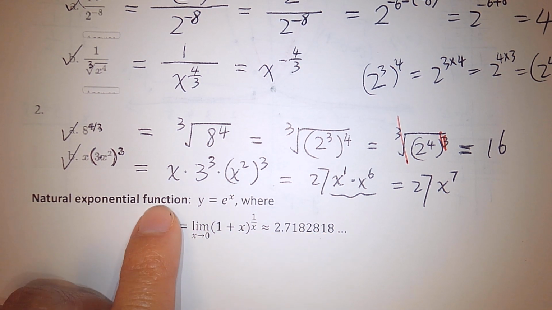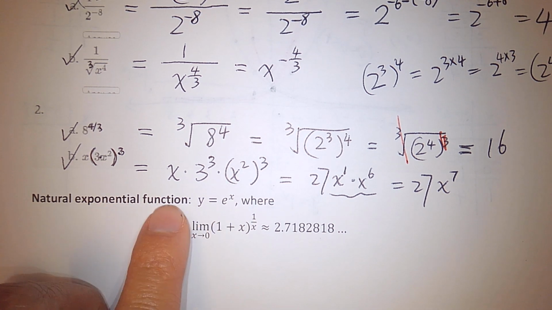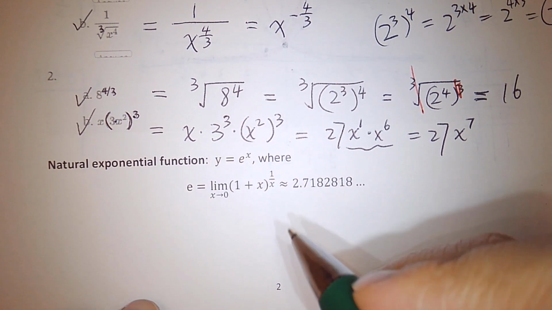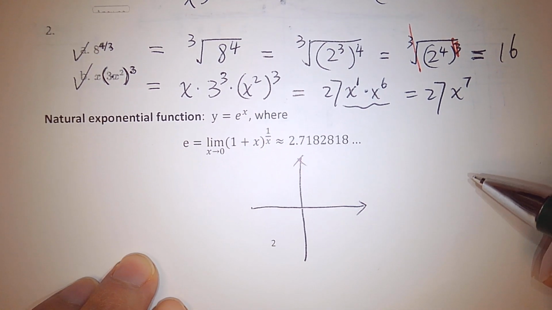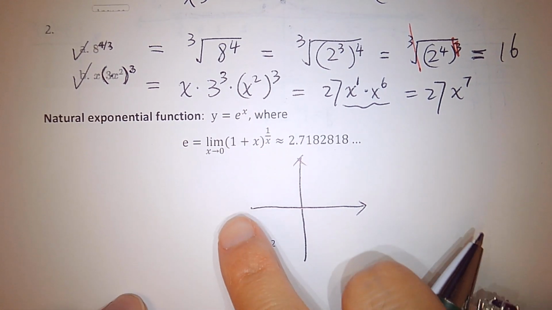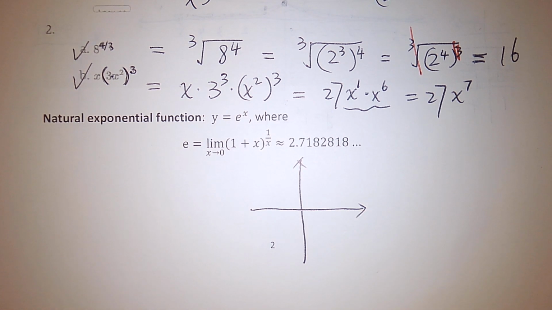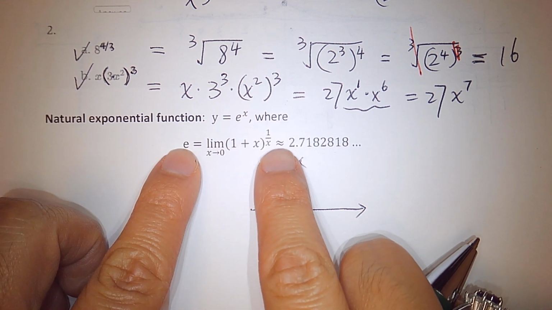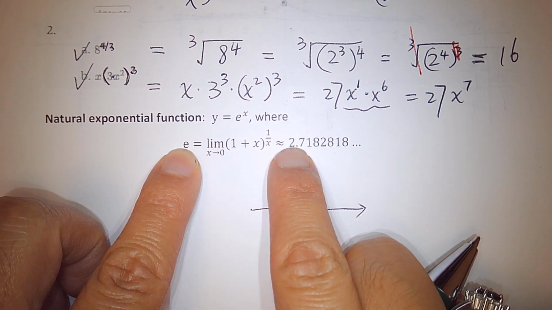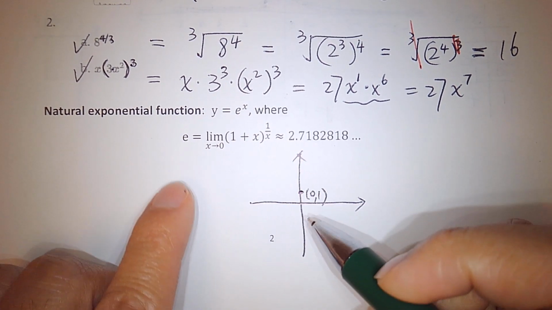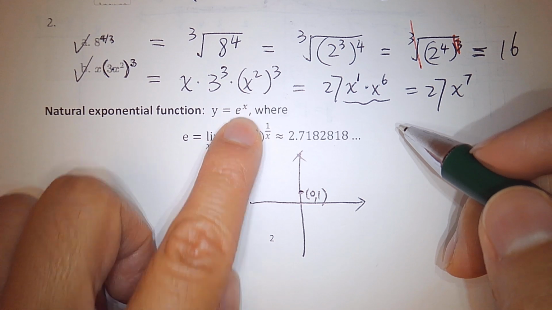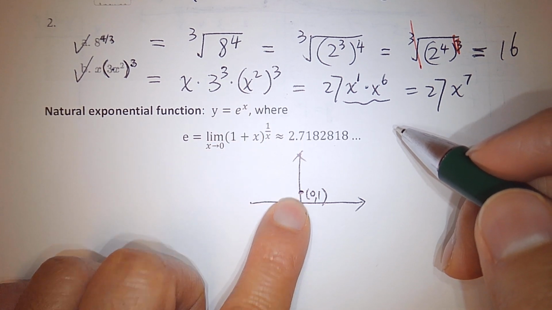Can you imagine the shape of the natural exponential function? We learned about the two cases for the exponential function. Which case is it, increasing or decreasing? Is this number e greater than 1? Yes. So the graph of the natural exponential function will pass through the point (0, 1).